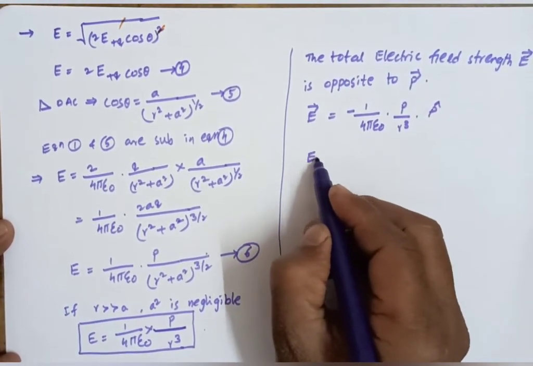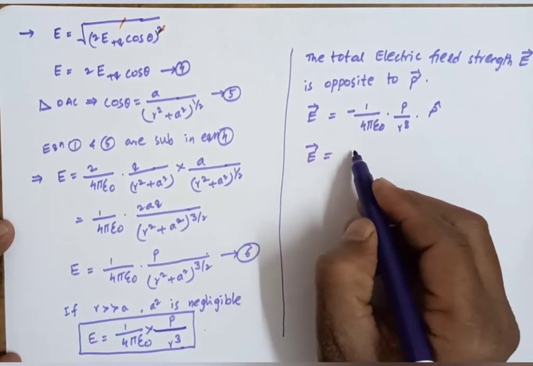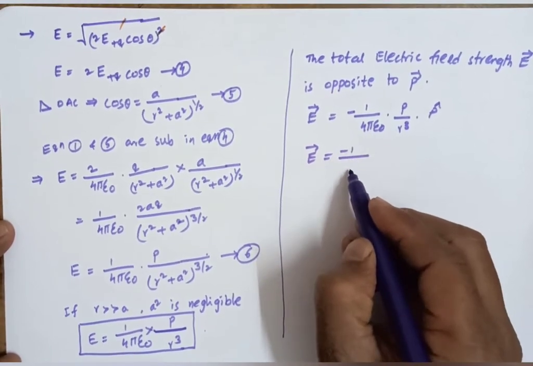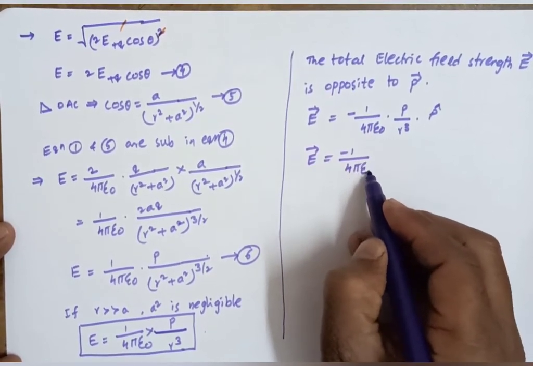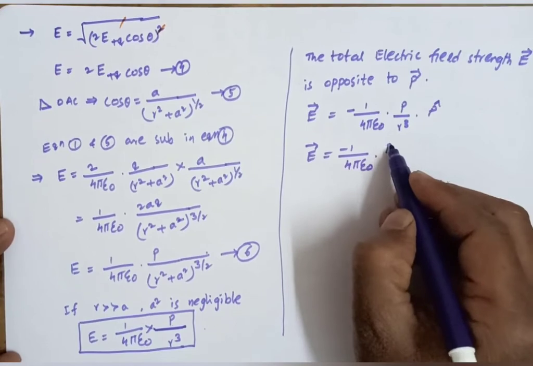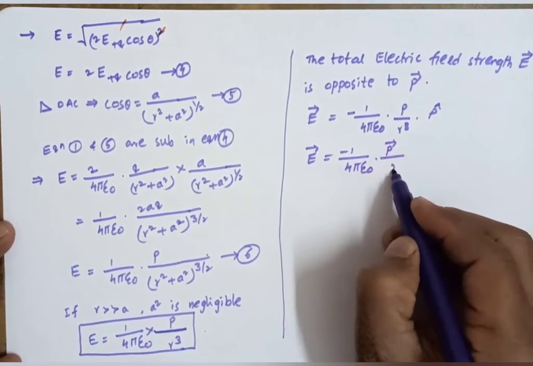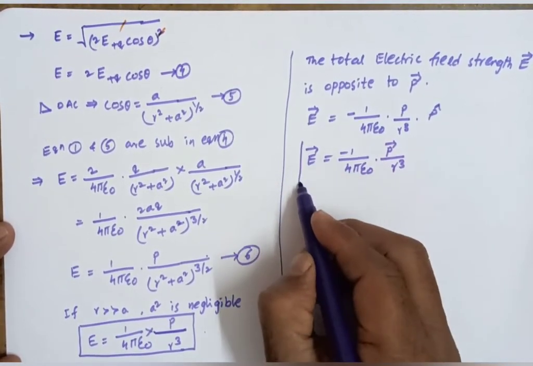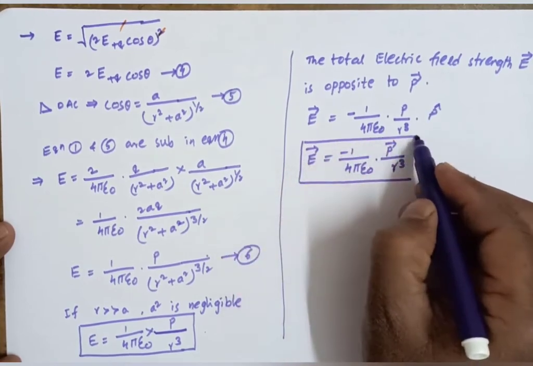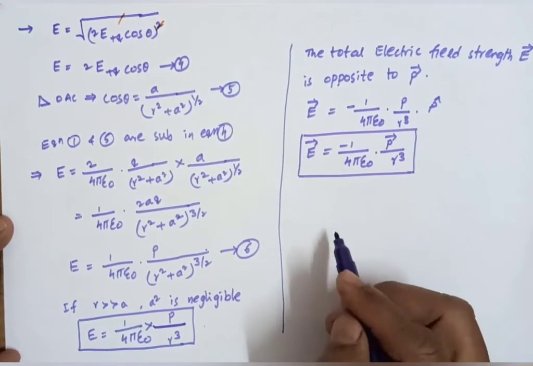So E bar equals minus 1 by 4 pi epsilon naught into P bar by r cube. So this is for the equatorial line.